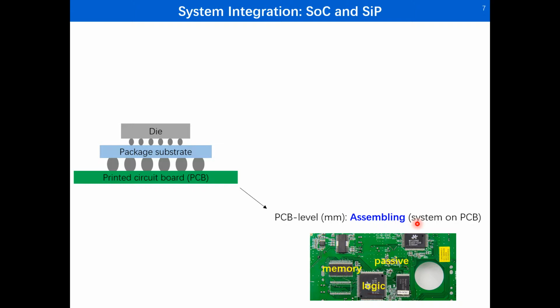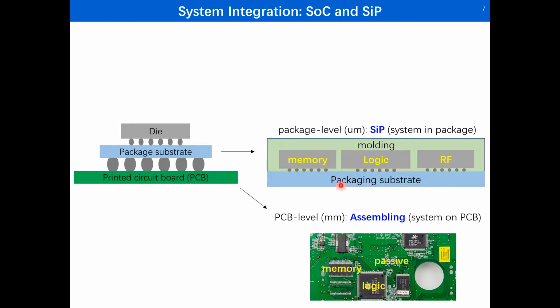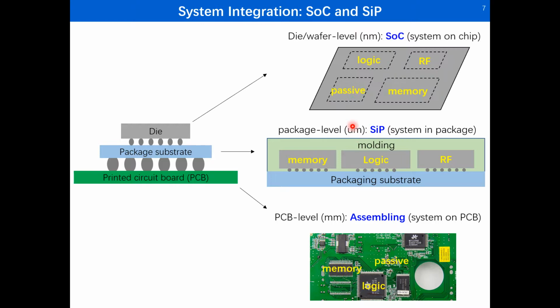Sometimes it can be done on package level to put different dies on one package substrate. This is called system in package or SIP. The most advanced method to do this is at wafer level: to put all the components in one single die. This is called system on chip or SoC.